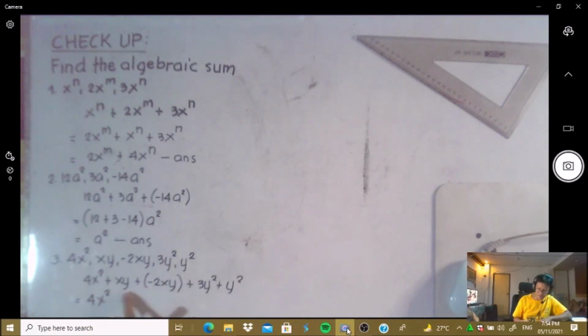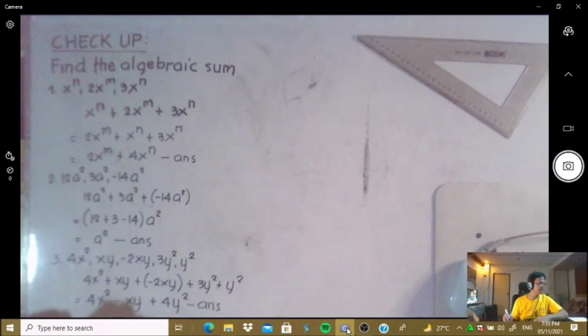Then we have xy minus 2xy, so that is equal to minus xy, then plus 4y squared. Okay, so we have xy minus 2xy is equal to negative xy. And again, this is our final answer.